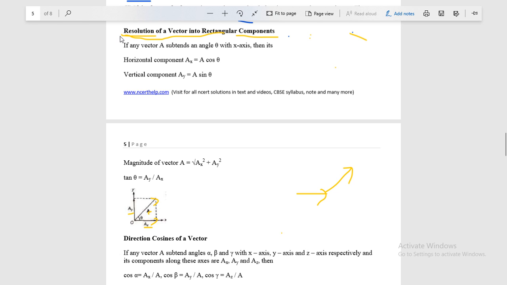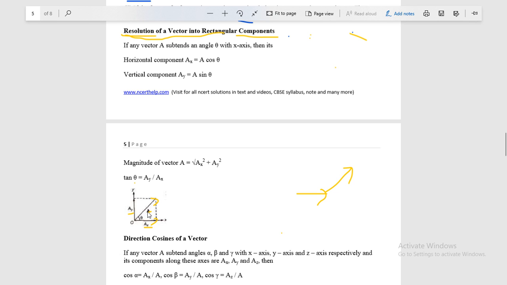You can see here the topic, resolution of a vector into rectangular components. I hope you understand the meaning of vector resolution. Vector resolution is a process in which we get two perpendicular, or rectangular, components of a given vector.